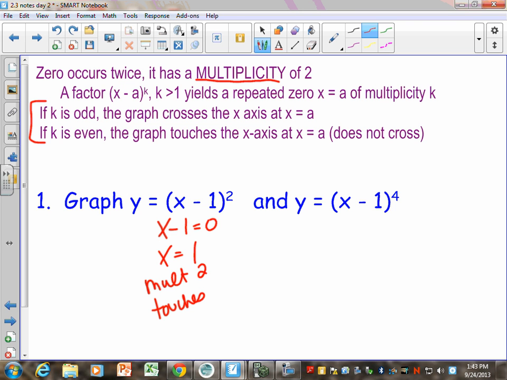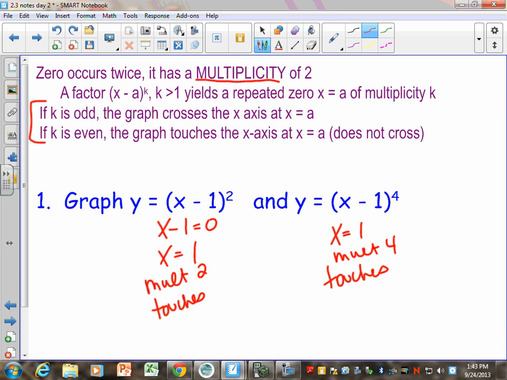It also has a 0 at 1. Because it's even, do you agree it also just touches at that point? But its multiplicity is 4. In algebra 2, we would say this has a double root. Along the same lines, you could think of this as a quadruple root, meaning that it counts as 4 zeros.